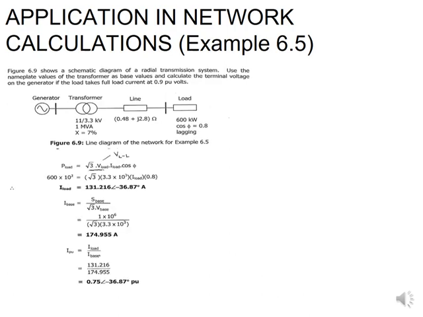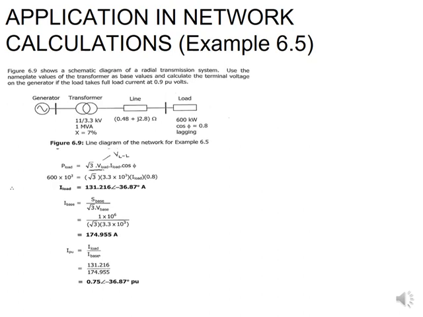All right, so we simply start by working out what is our current in the system. And how do I work out the current in the system? I utilize the power that they gave me at the load, and I work out the current from there. So my power is going to be equal to the square root of 3 V load I load cos theta, which is 600 times 10 to the 3, the 600 kilowatts.